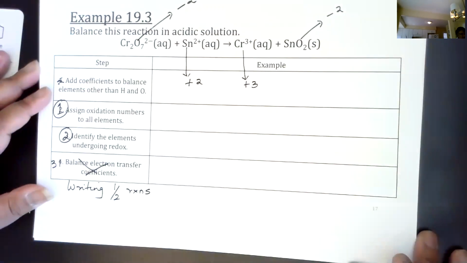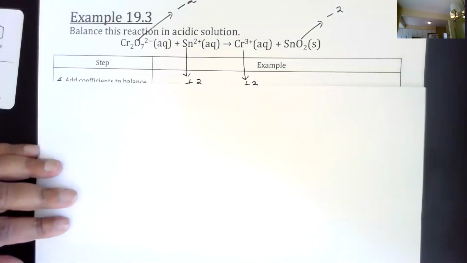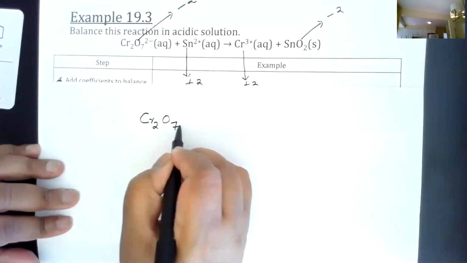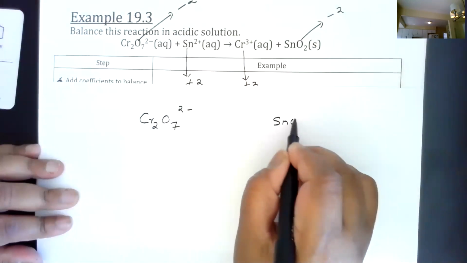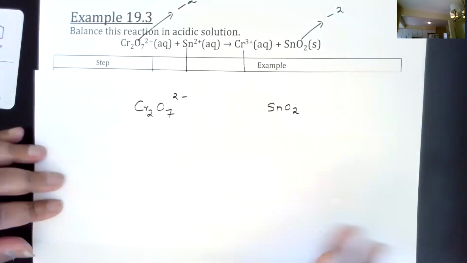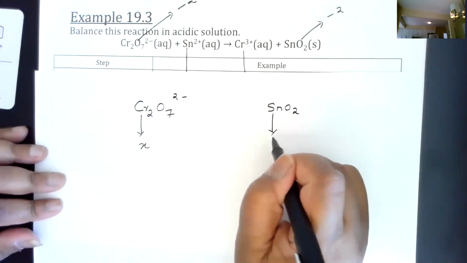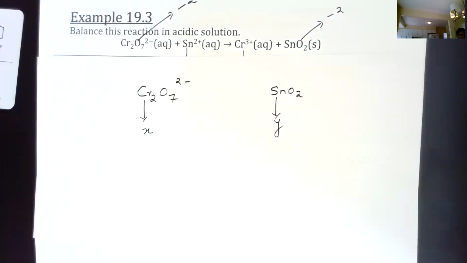Now I'm going to give you a minute. I'm not asking you to balance. I want you to find the oxidation number. We've done this in Gen Chem 1, just that we have forgotten. Find the oxidation number for chromium and find the oxidation number for tin.